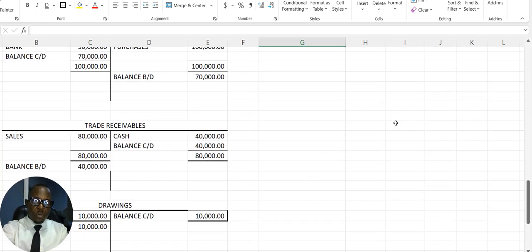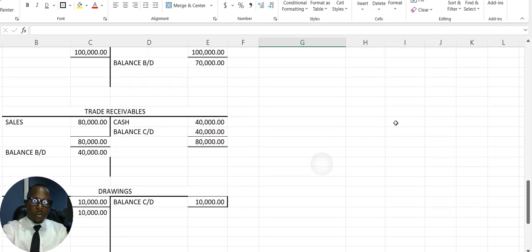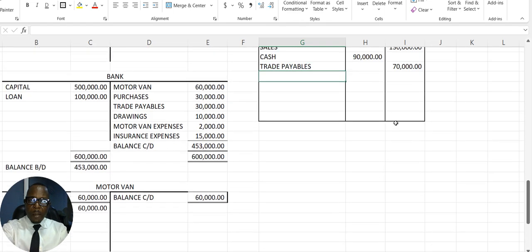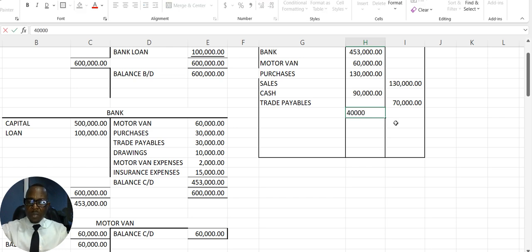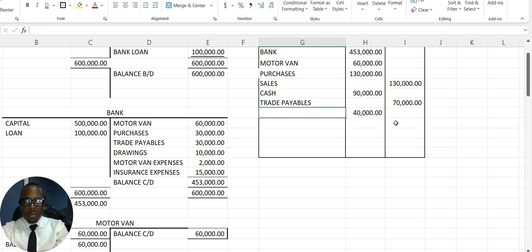Trade receivables, which has 40,000 on the debit side. Trade receivables, 40,000.